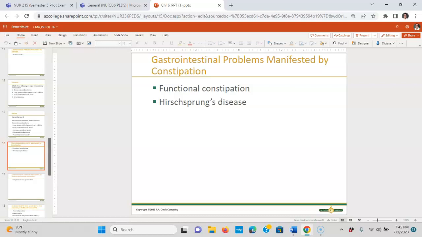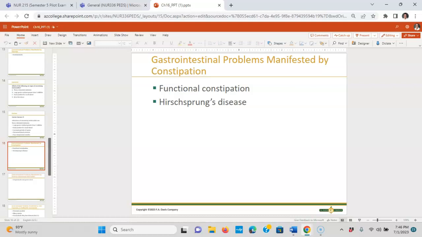And then your Hirschsprung's disease. Hirschsprung's disease is a congenital condition which causes a blockage in the intestine because of the lack of nerve involvement. So the nerves normally allow the muscles in the wall to contract and move digested material forward. It occurs 1 out of every 5,000 live births, and more often in males than females.